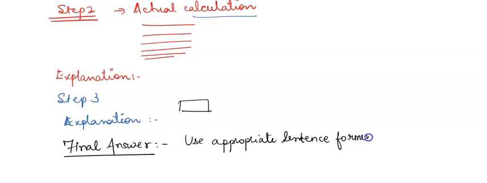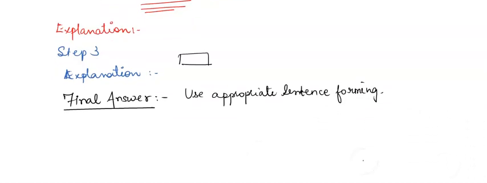You can't put the exact language which is given in the question. You have to modify it accordingly so that there is no plagiarism in the solution. So your final answer should be a complete sentence.